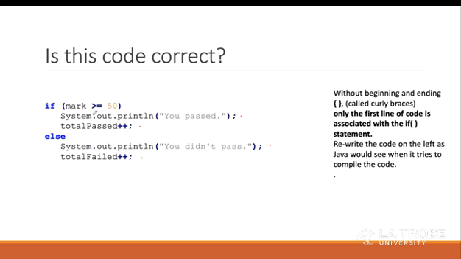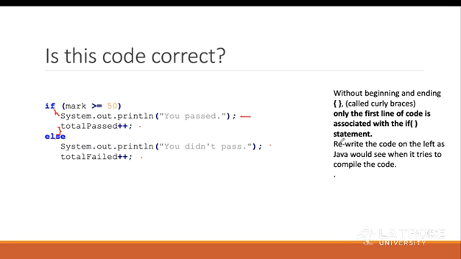Because if there are multiple lines after your if, you need to use opening and closing curly brackets. If you don't use opening and closing brackets, the only statement that will be considered is the first statement after if. And when trying to execute else, it will say that there is no if for this else.